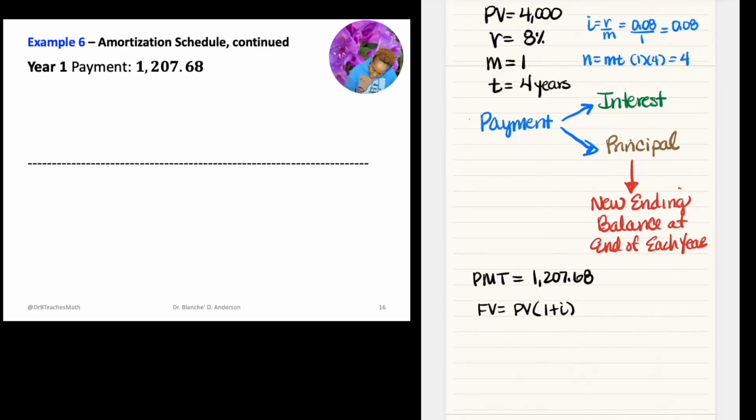Yeah, 1 plus I to the T. So remember, that's the formula for compound interest. Now, remember that your compounding periods is 1, so everything's over 1. So when you're looking for the amount of interest paid, I won't even use this.